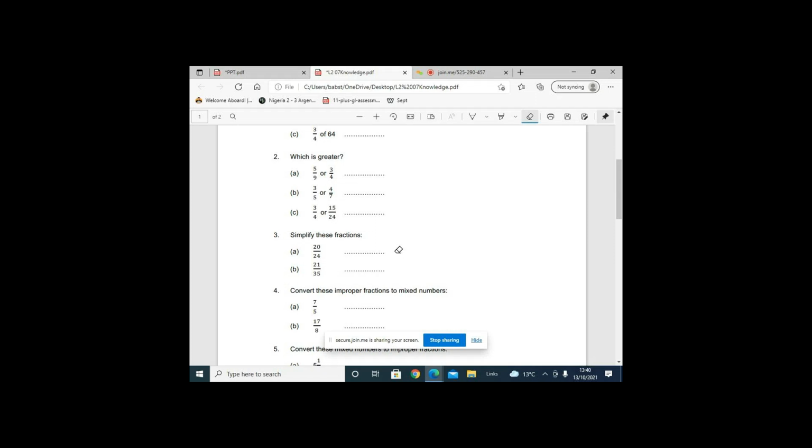The LCM could be 24, because they've got something that can divide both of them. Sorry, I'll start all over. I got it wrong, but I can still break it down.